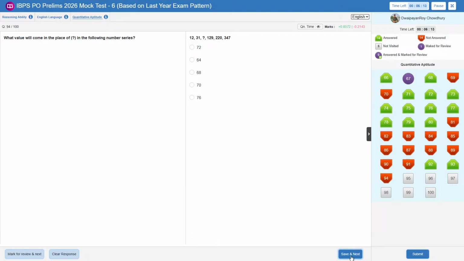I guess so. 117. So the gaps are of 91 and then 127. It's of 36, previous 25. So 666. 66.